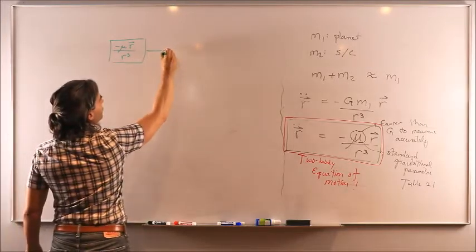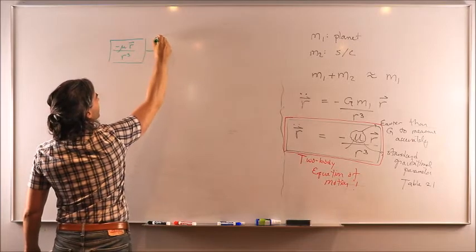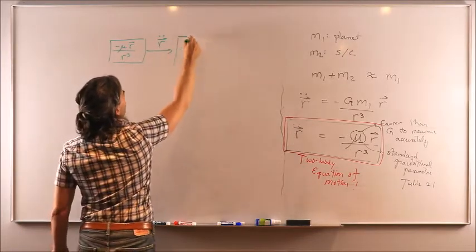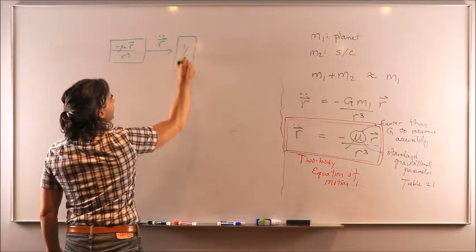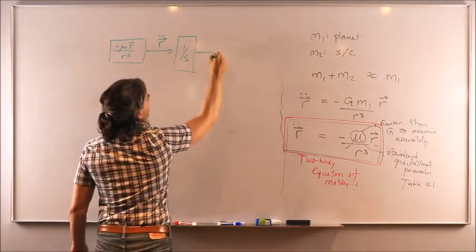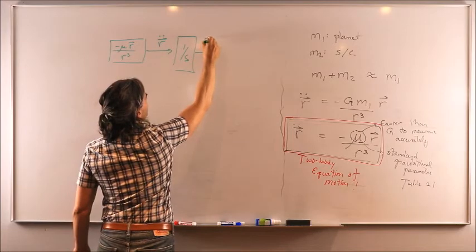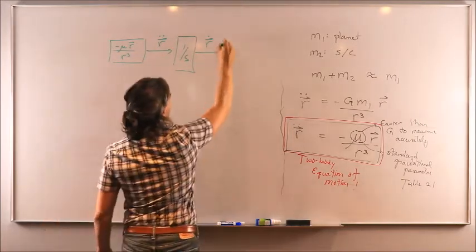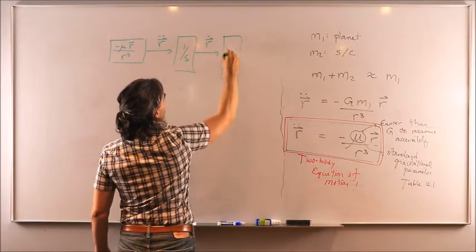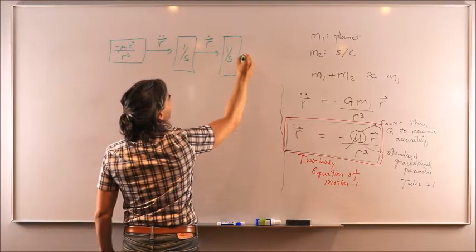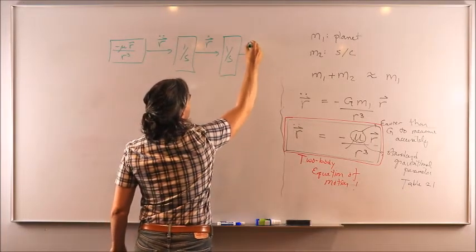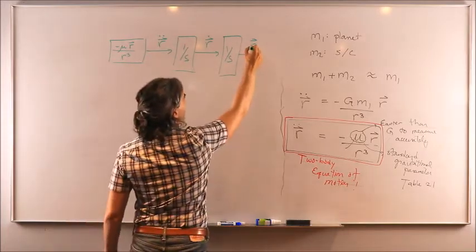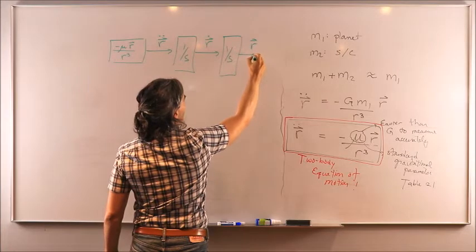That would give you the current acceleration with respect to the planet. Then what you need to do is to integrate the signal once to get the instantaneous velocity vector of the spacecraft, and integrate that signal again, 1 over s is an integrator, to get the position vector at each time step. Okay, position vector of the spacecraft with respect to the planet.